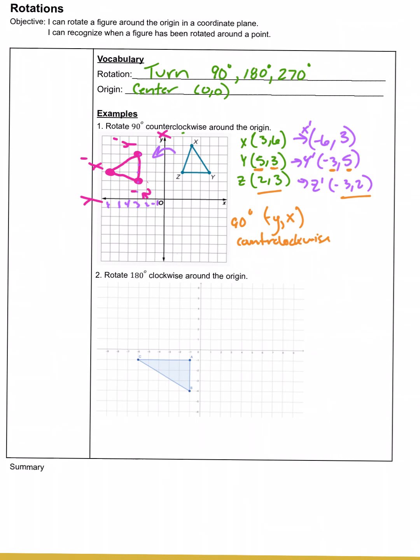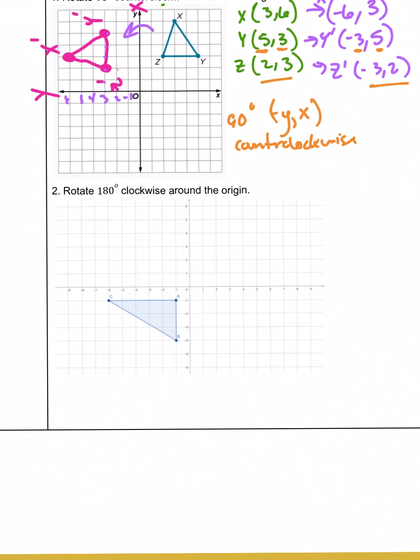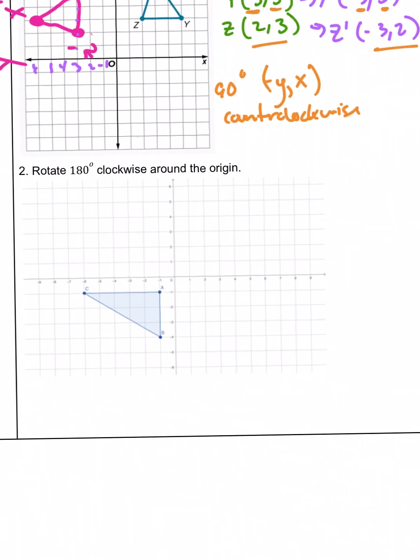So first we're just going to get our ordered pairs for these points. A is at negative 1, negative 1. B is at negative 1, negative 4.